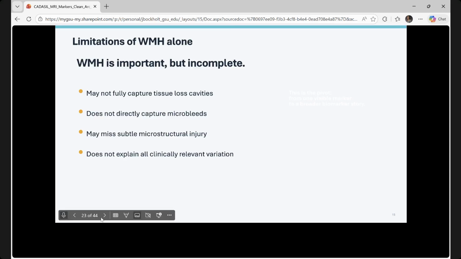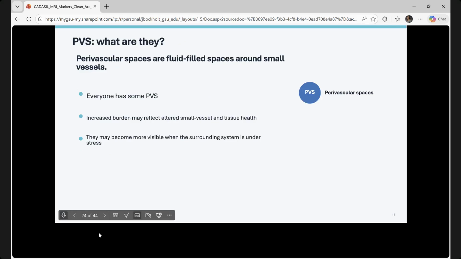Now we'll walk through a few of those. The first one is perivascular spaces. These are fluid filled spaces around the small vessels, and a very important point is that everyone has these. So it's not enough to just count them or say, oh, you have enlarged perivascular spaces.